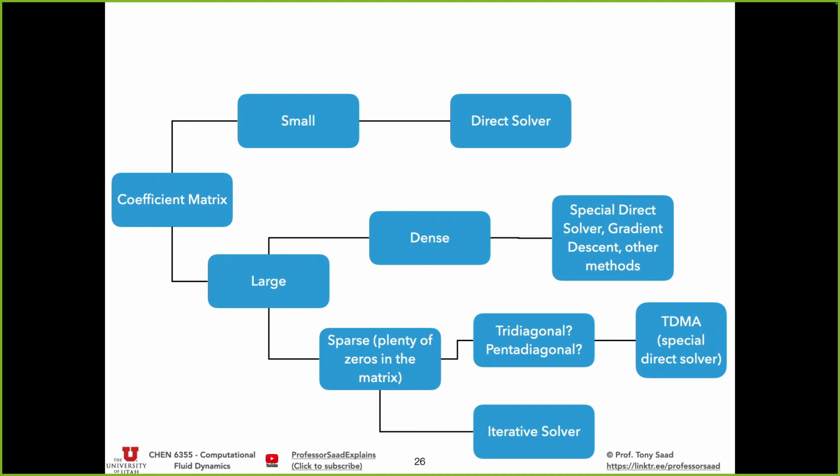Now, if the matrix is tridiagonal or pentadiagonal, you can use very special direct solvers that are very, very fast: the tridiagonal matrix algorithm or the pentadiagonal matrix algorithm. The advantage of those is they give you an exact solution, and they're fast. But beyond limited applications, they are generally useless for practical applications. So we end up with doing an iterative solver. That's how I would make my decisions.